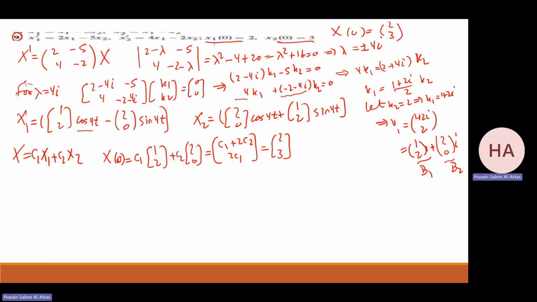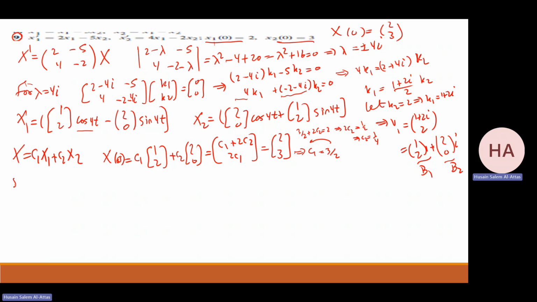If you invert it, it's better, but it's okay. So I have C1 plus 2C2 and 2C1 equals 3. So from here, I'm getting C1 equals 3 over 2. Plug it here: 3 over 2 plus 2C2 equals 2. So 2C2 will be half, so C2 equals 1 over 4.